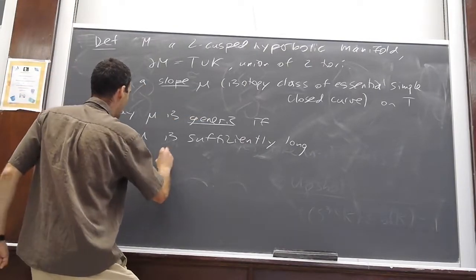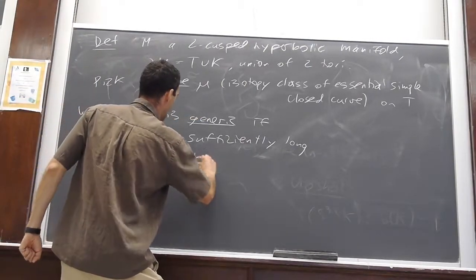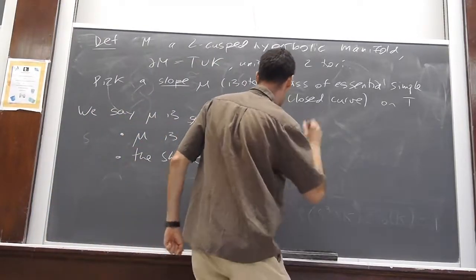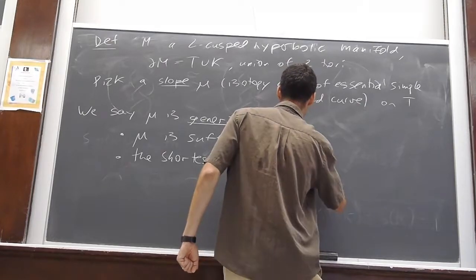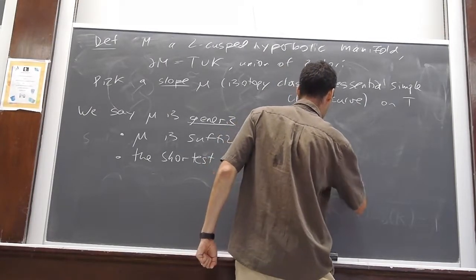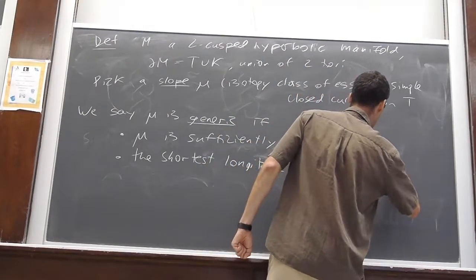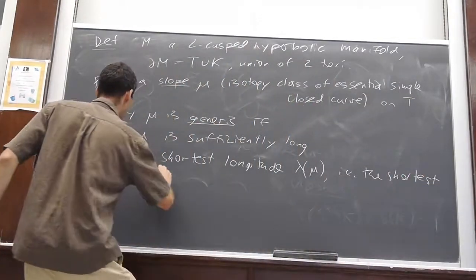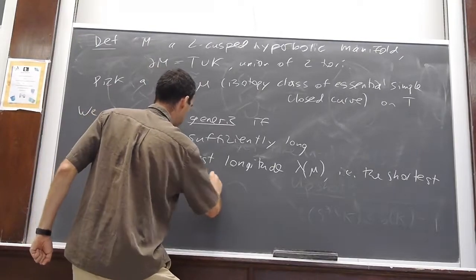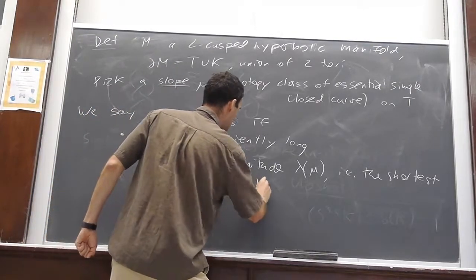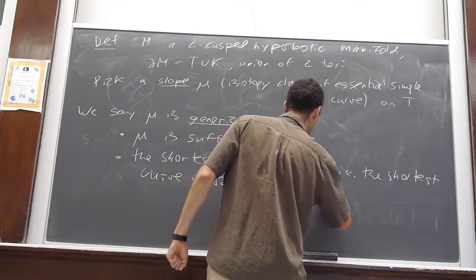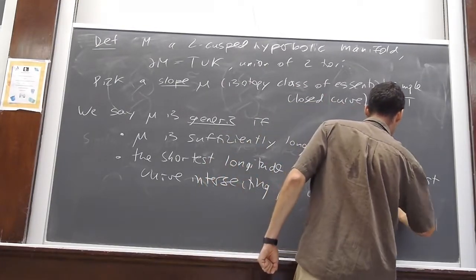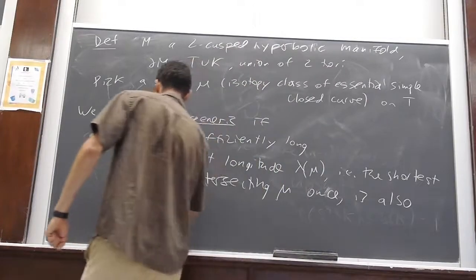So the shortest longitude, mu of course is going to stand for meridian, lambda of mu, i.e. the shortest curve intersecting once, is also sufficiently long.